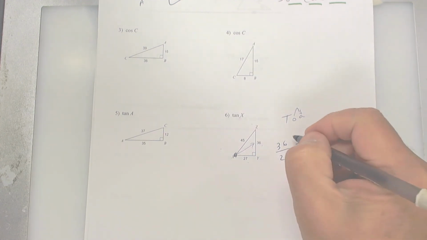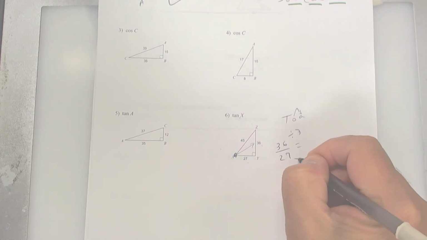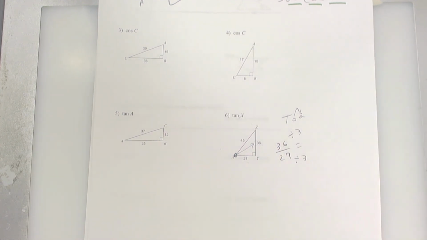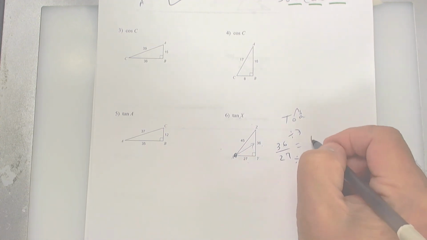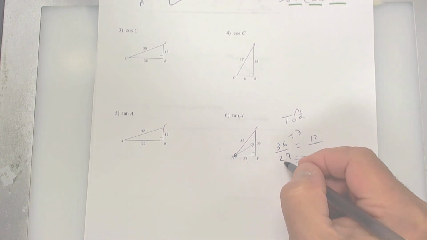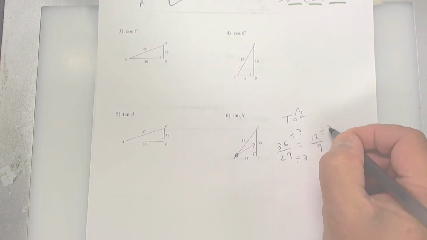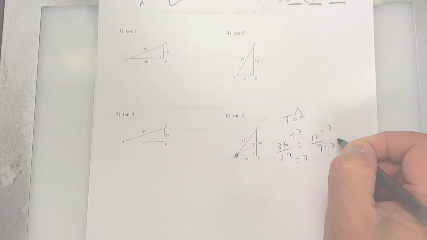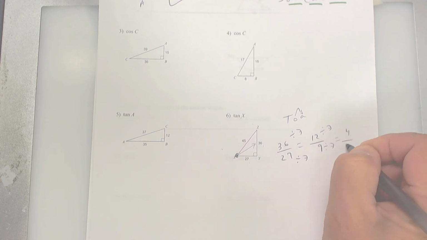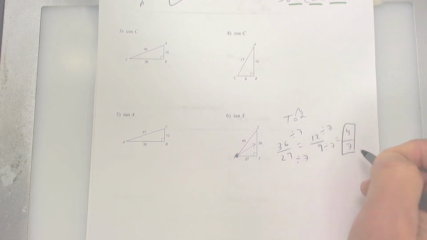I think you can reduce it by 3. So make sure you reduce them, okay? So that's going to be 12 over 9. And it looks like you can go by 3 again. So when you divide by 3, it's going to be 4 over 3. And there it is. And that's your answer.